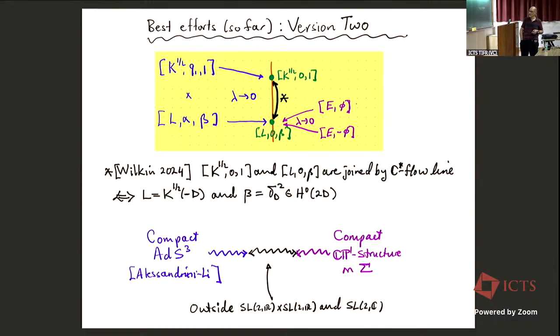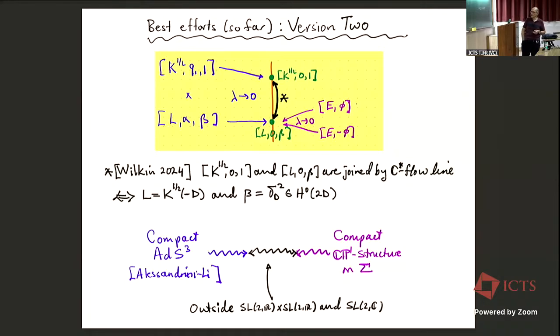So the L should be related to the square root of the canonical bundle by a divisor. And the Higgs fields, the parts that don't vanish and determine the fixed point, so that's the 1 over there and the beta over there, should be related in this situation by the tautological section determined by the divisor.